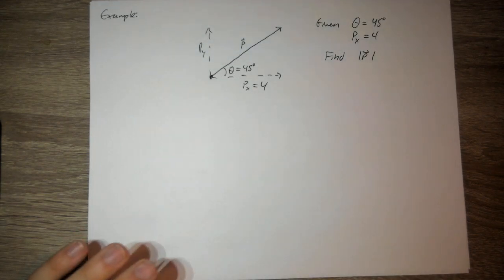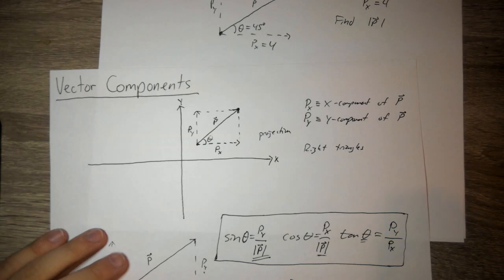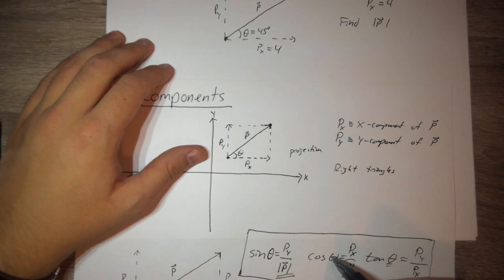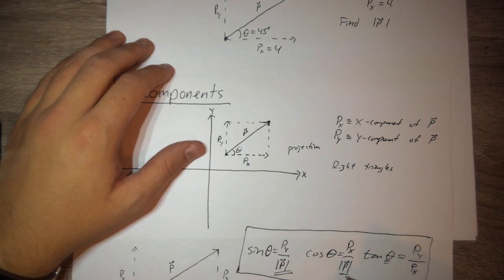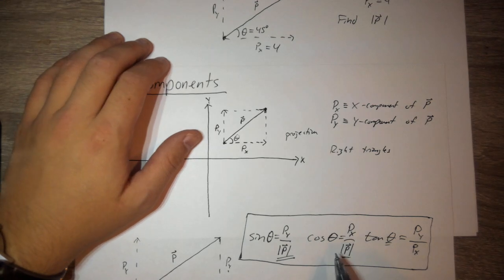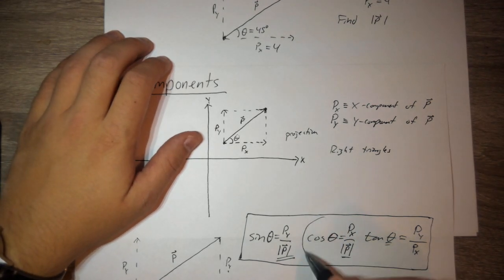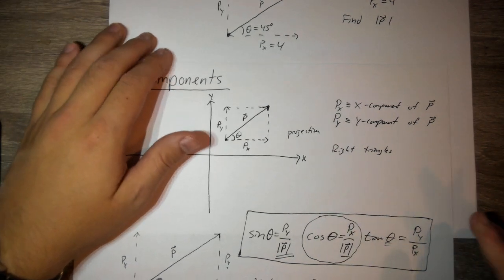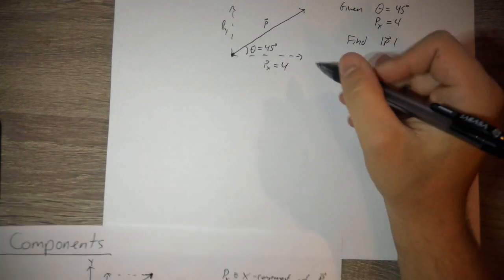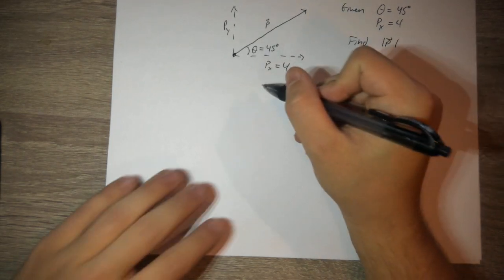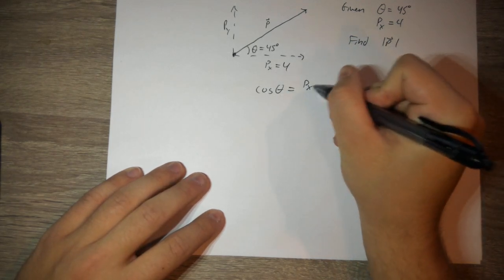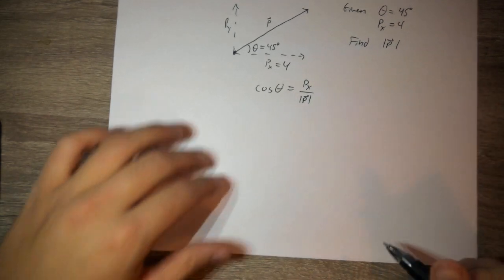We know the projection of x is 4, and we know that the angle is 45 degrees. So if we look back at our equations, which equation can we solve for the magnitude if we know the angle and the projection of x? The answer is this one here. So we can apply this equation and write it out: cosine of theta equals px over the magnitude of p.